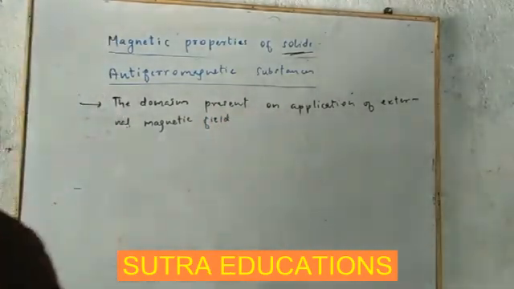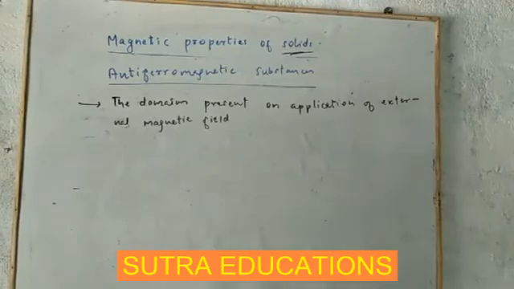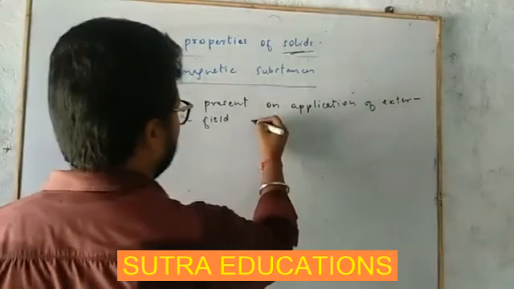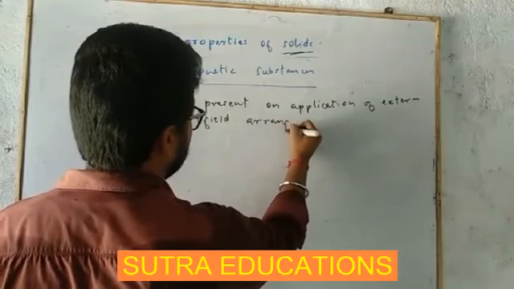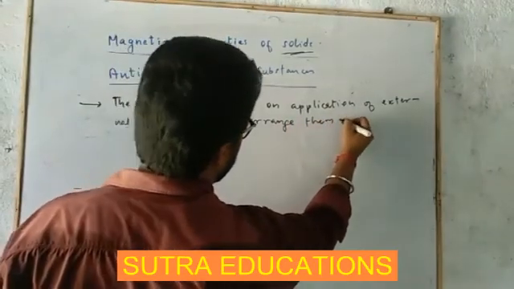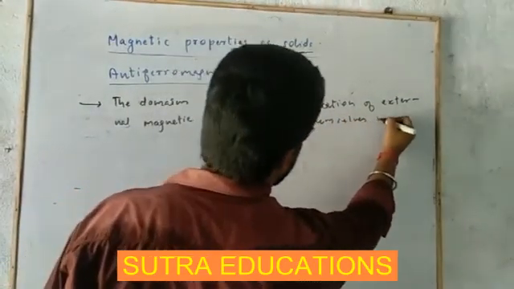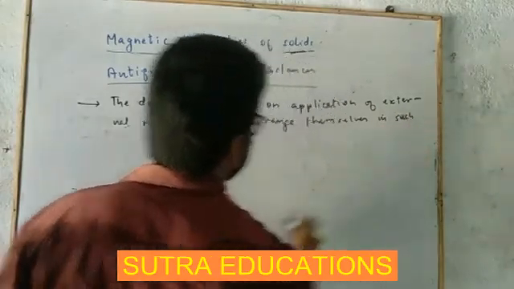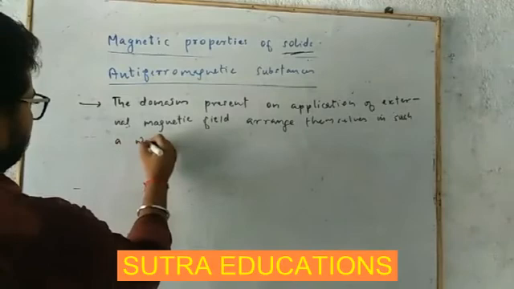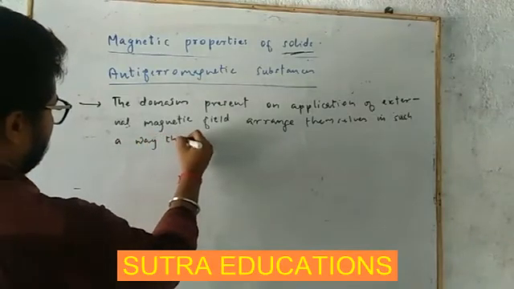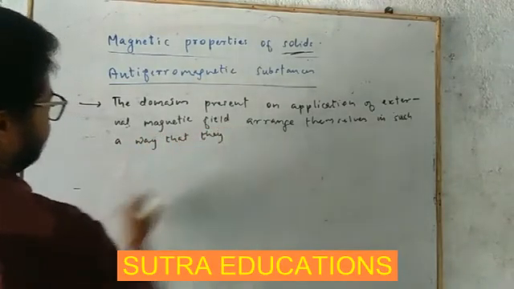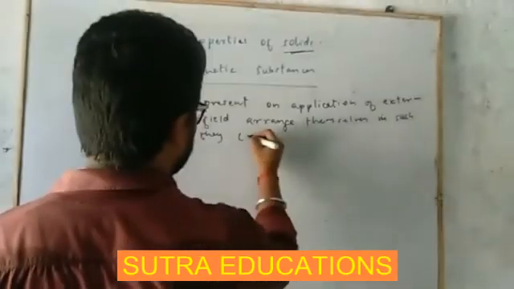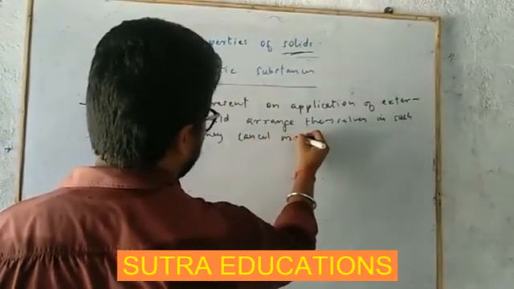The domains present, on application of an external magnetic field, arrange themselves in such a way that they cancel the magnetic moments of each other.